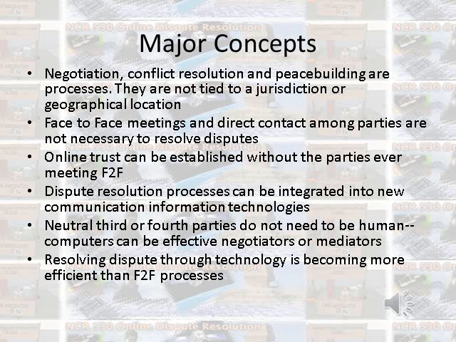There is a negotiator on the other side sending proposals out using different algorithms to find what the optimal solution is. These systems are not yet perfect. There's still a lot of flaws in them, but they are starting to advance and they're working the bugs out. So you can see the potential that computers have in resolving disputes.